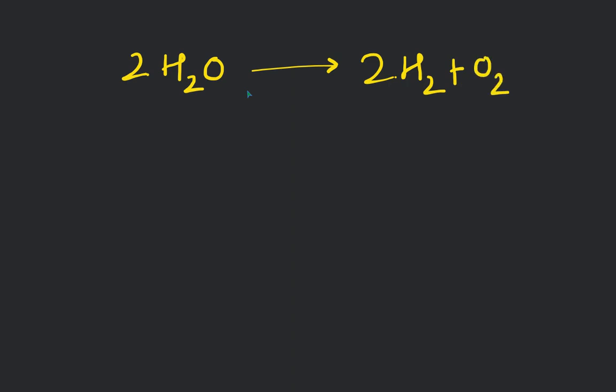So 2H2O will give you 2H2 plus O2. This is basically a decomposition reaction. The reactant is splitting down into two. Can you please tell me how many elements are present in the LHS? Let me mark it with LHS and RHS.